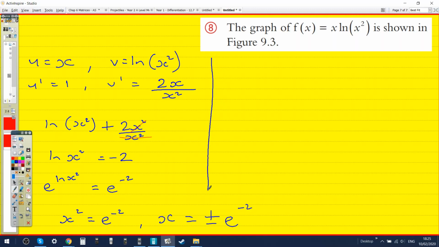What if they ask for the coordinates of the stationary points? We found the x value of a stationary point, right? So then we just substitute it back into the original equation at the top.